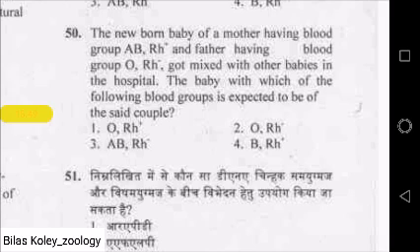The baby with which of the following blood groups is expected to be of the said couple? The options are O Rh positive, O Rh negative, AB Rh negative, B Rh positive. In this question, the right option is option number 4.